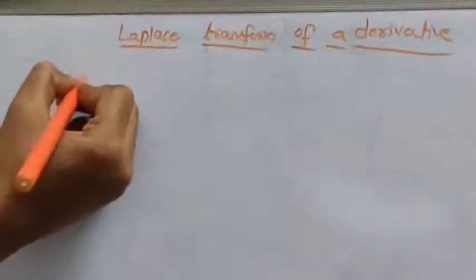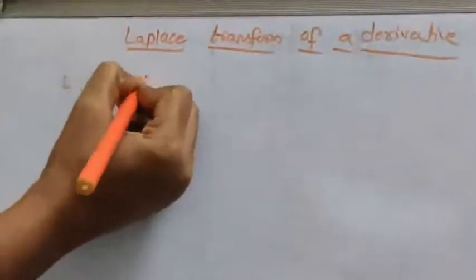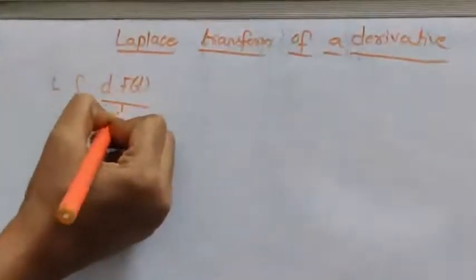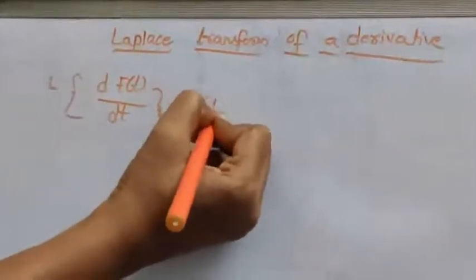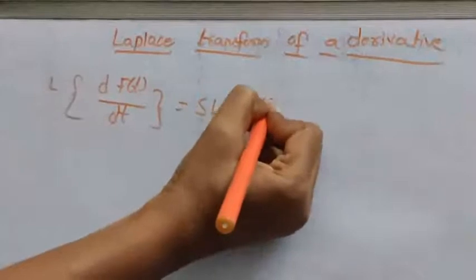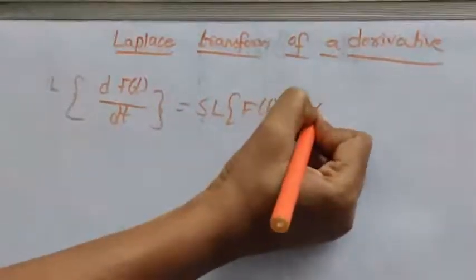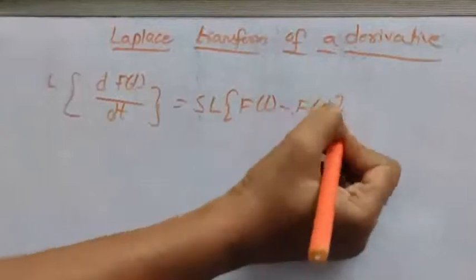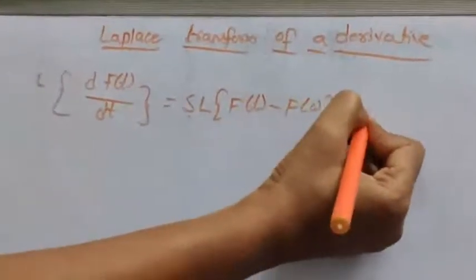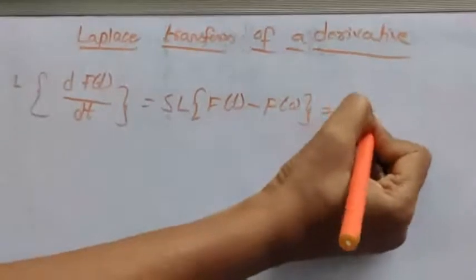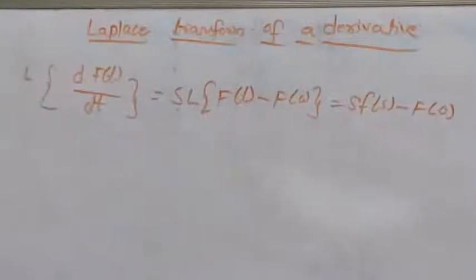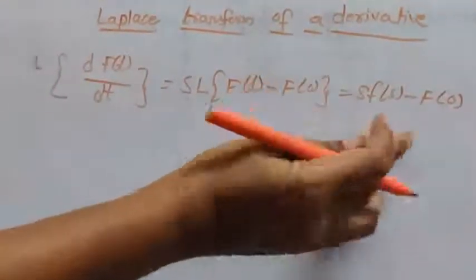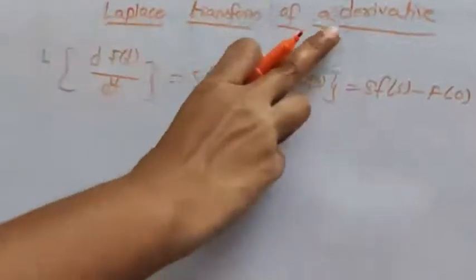Now in this we have to prove L of df of t by dt is equal to s into L of f of t minus f of 0, that is equal to s f of s minus f of 0. So this we have to prove in the Laplace transform of a derivative.